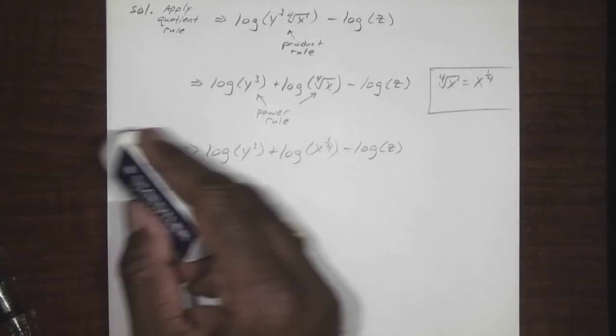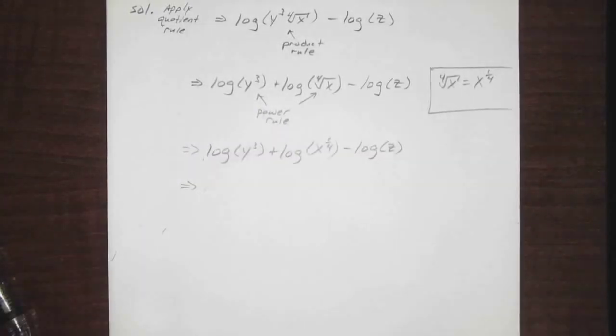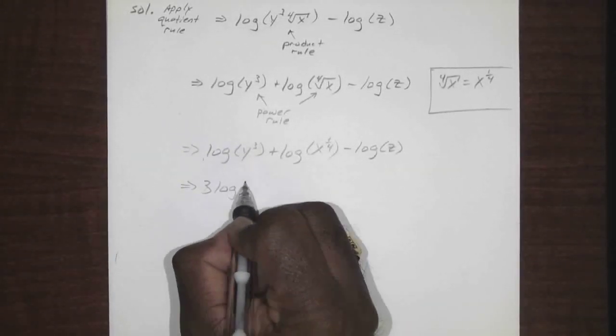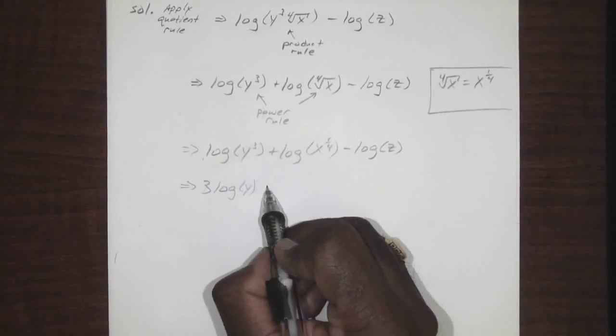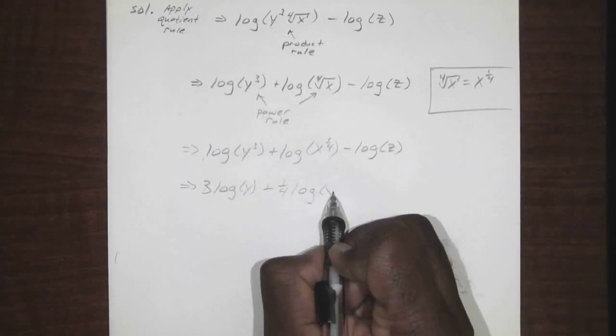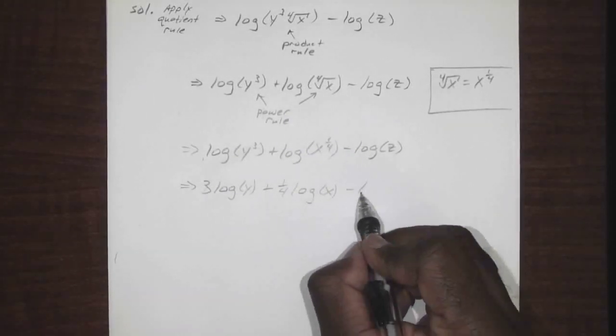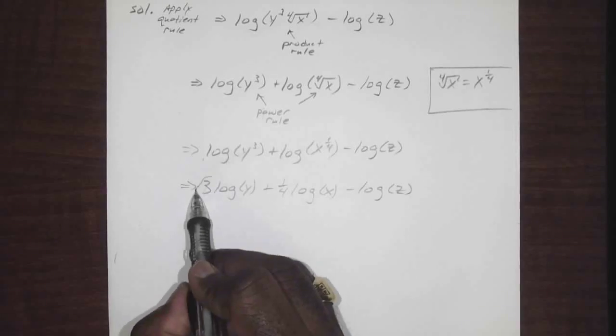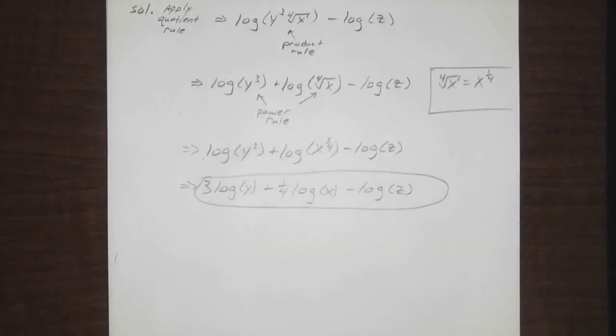So you have 3 times log of y plus 1/4 times log of x minus log of z. Okay, and that would be your final answer. All right. Any questions on that one?